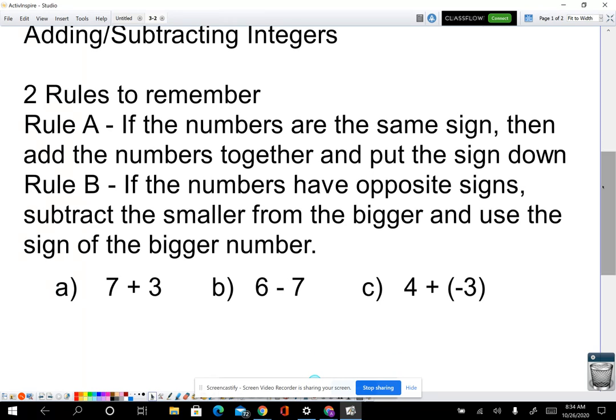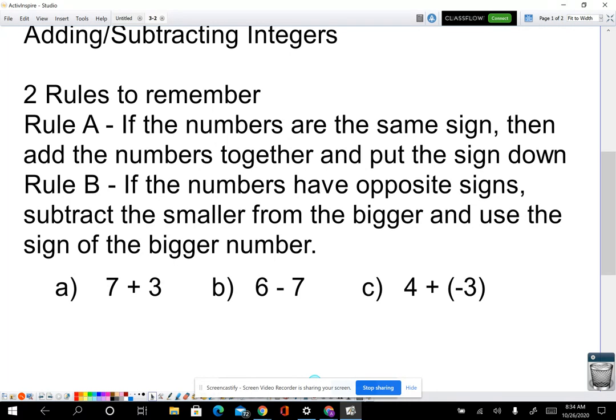And there's two rules that you need to remember. Rule A: if the numbers have the same sign, then add the numbers together and put down the sign of the larger one. So put down the sign that's there. If we have two positive numbers together, we're going to put down the positive, but do we really need to put down the positive when there's two positives?